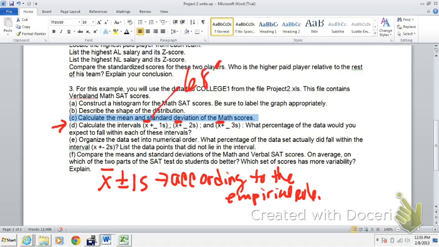So 68% of the data should lie between plus or minus 1 standard dev. 95% of the observations should lie between plus or minus 2 standard deviations of the mean. And then 99.7, or approximately all of the observations, should lie within plus or minus 3 standard deviations of the mean.